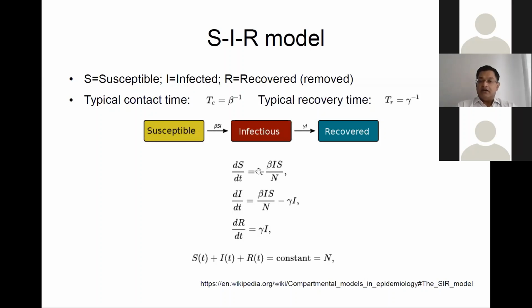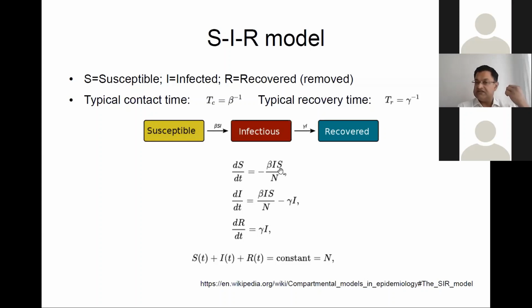And now dS by dt is going to be, so the susceptible pool will move into the infectious pool at a certain rate beta. This is effectively the rate at which the susceptible pool gets converted into the infected pool. So this is the flux from the susceptible to the infectious, and it's going to depend not only on a certain rate beta, the transmissibility, how people become infectious, but it's going to depend on the size of the infected pool, and on the size of the susceptible pool.